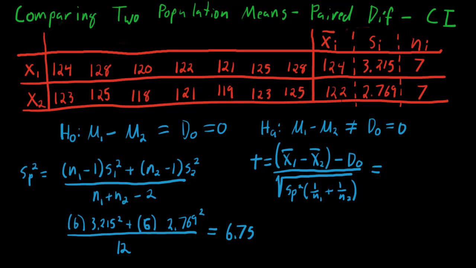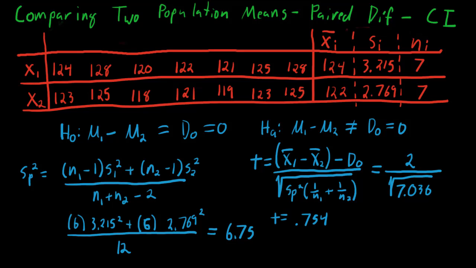We get x1 bar minus x2 bar, 124 minus 122, so we get 2 on the top, minus that 0, so we're just going to ignore that. And then we get the square root of sp squared, or 6.75, times 1 over 7 plus 1 over 7, which gives us the square root of 7.036.